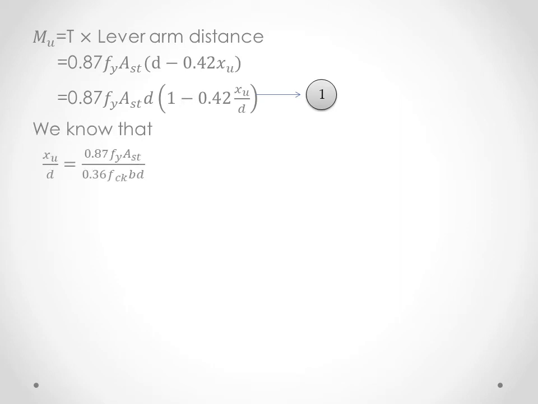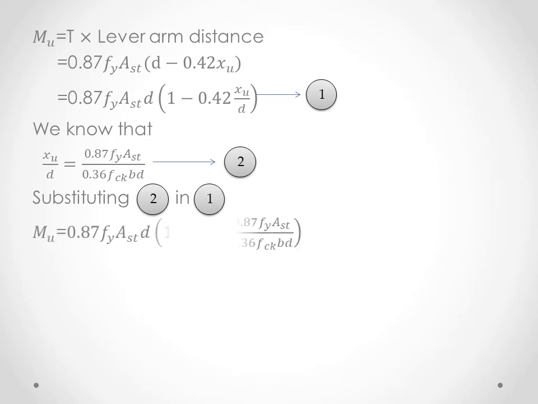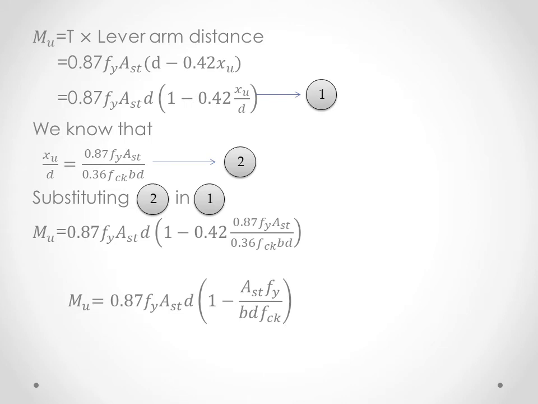Now we know that the value of XU by D is equal to 0.87 Fy AST by 0.36 FCK BD. Let's mark that as equation 2. Now we'll substitute 2 in 1, and we get the equation Mu is equal to 0.87 Fy AST into D into 1 minus 0.42 into 0.87 Fy AST by 0.36 FCK BD, and hence we get the equation.